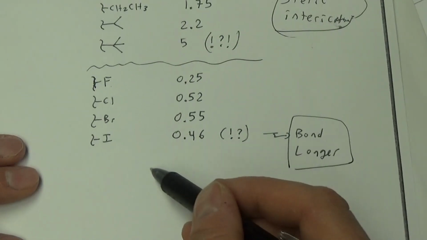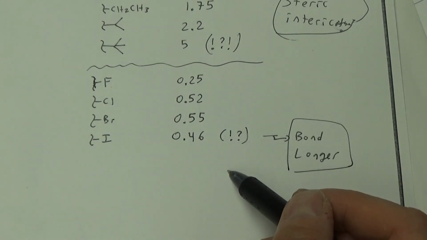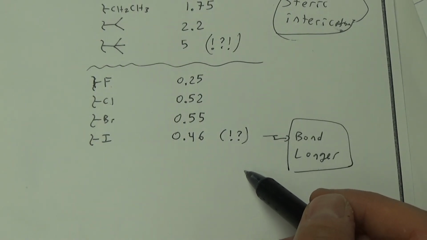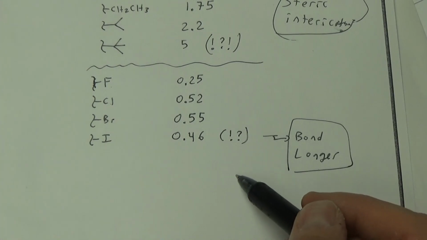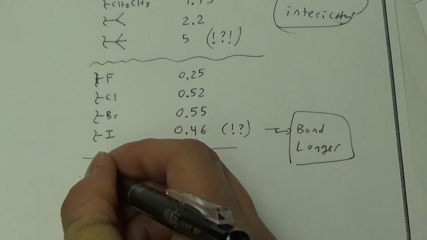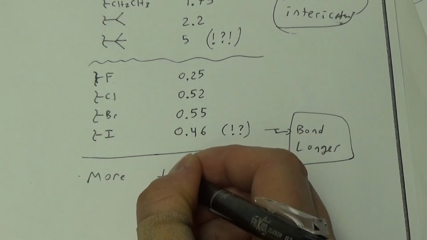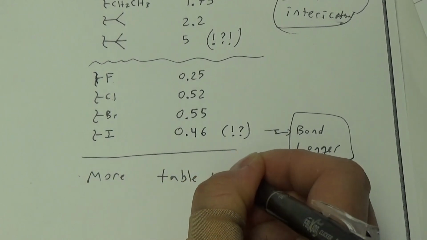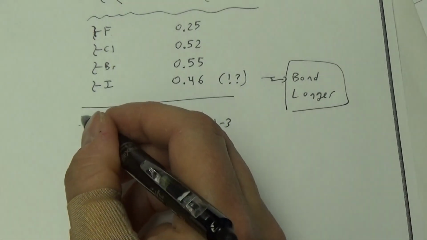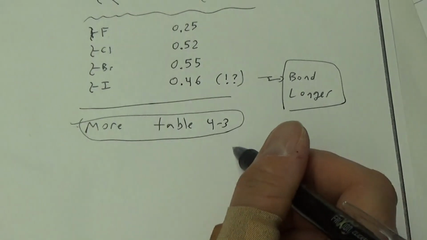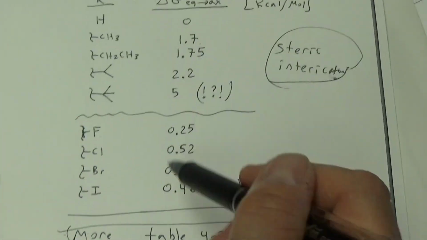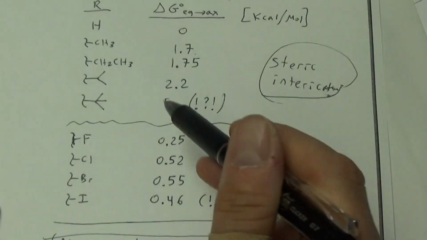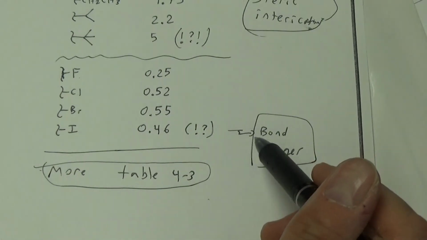So iodine is a little bit anomalous here. Okay. There's more in table 4.3. So if you need more, you can check it out. We're going to use these though in our calculations. These would always be provided to you in your quizzes and things like that.